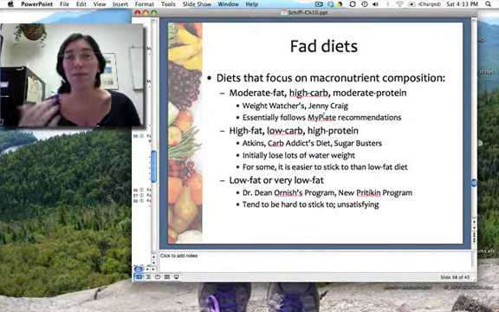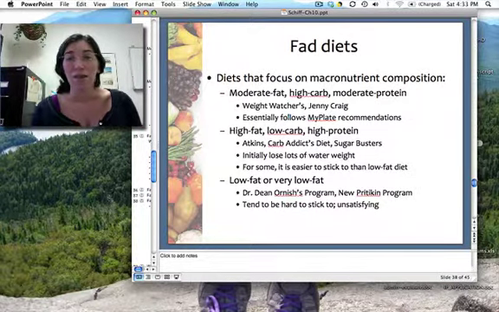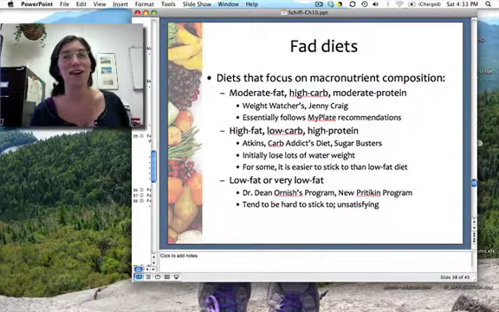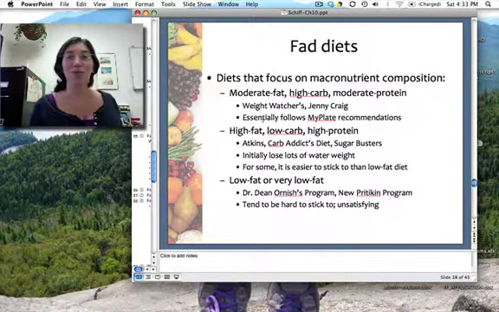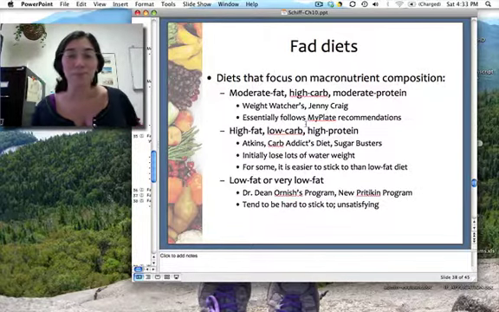A lot of the more popular weight loss programs follow this distribution of macronutrients. The other two types of diets that are out there, so this is sort of like a standard healthy American diet. Then the fad diets come in when you have the low carb diet or a low fat diet, okay?